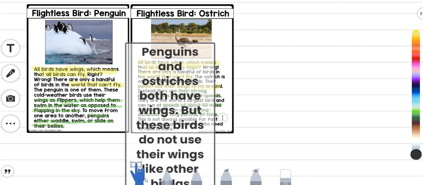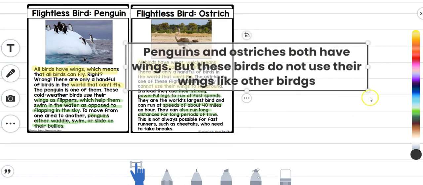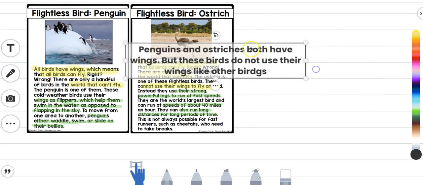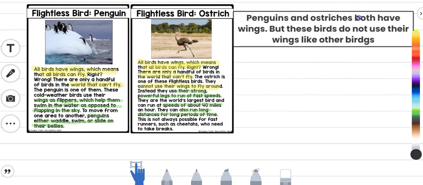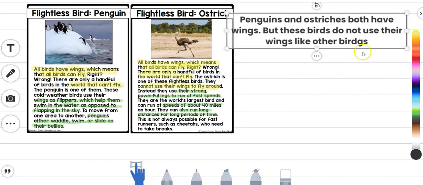Okay, now we're going to take this and make this wider. Okay, and I'm going to make it a little bit smaller so we have some more room here. Put that in there, okay? And I put too many letters in there, didn't I?